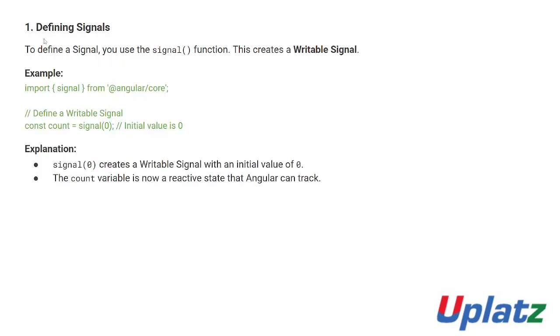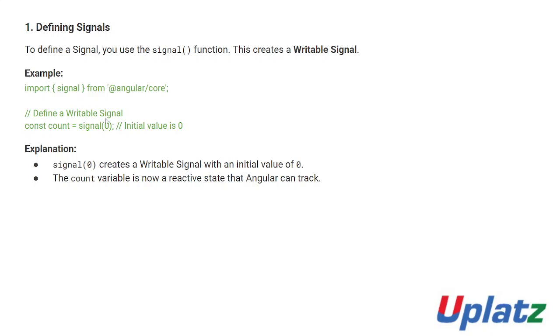Defining signals. To define a signal, you use the signal function. This creates a writable signal. Example: import signal within curly braces from '@angular/core'.